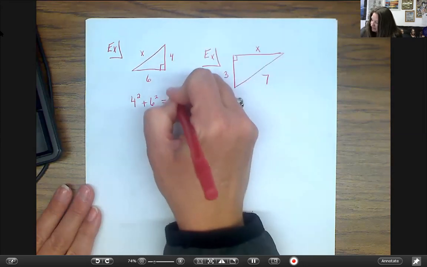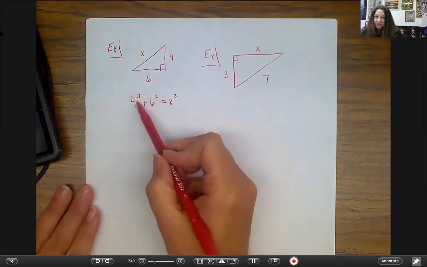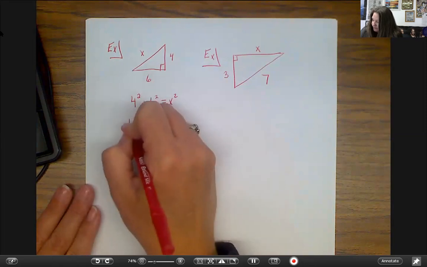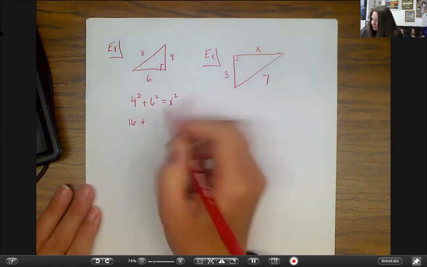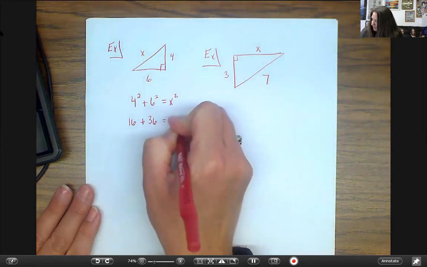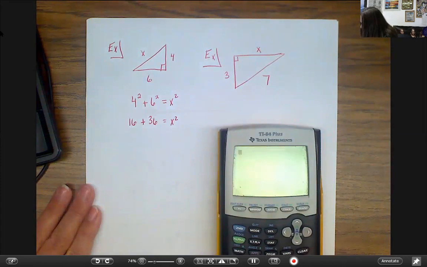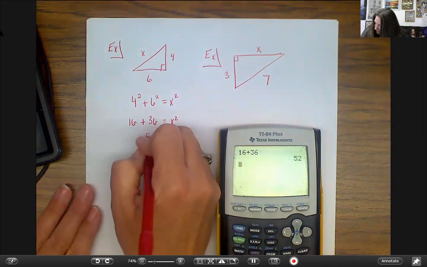So we're going to make this equal to x squared. Make sure you're dealing with these exponents accurately. 4 squared is 4 times 4, or 16, plus 6 squared, which is going to be 36. And we'd want to take the sum of these two values here. So we're going to take 16 plus 36 and get a value of 52.